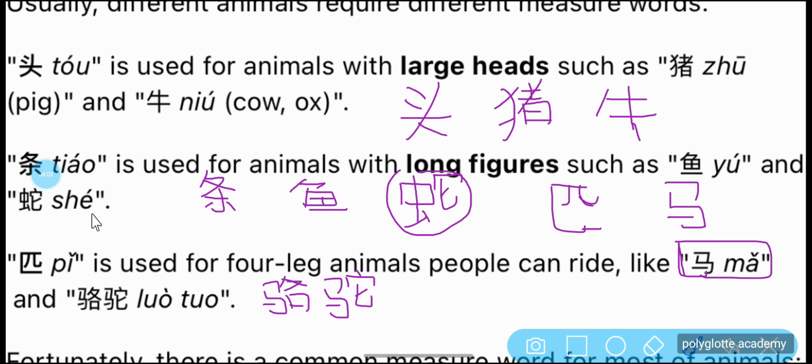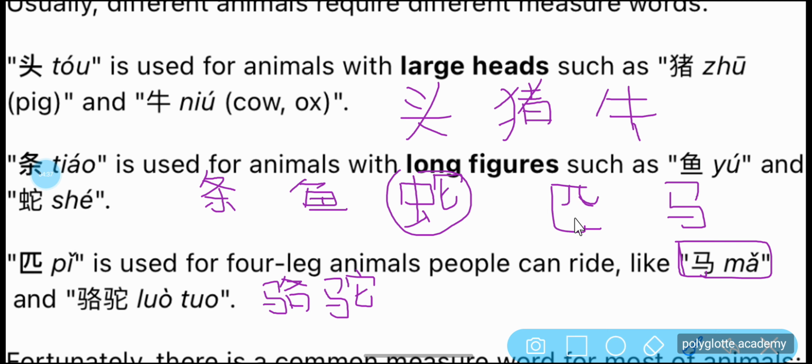For a summary, tou is used for animals with large heads, such as zhu, which is pig, and niu, which is cow. Tiao is used for animals with long figures, such as yu and she, which is a fish and snake.